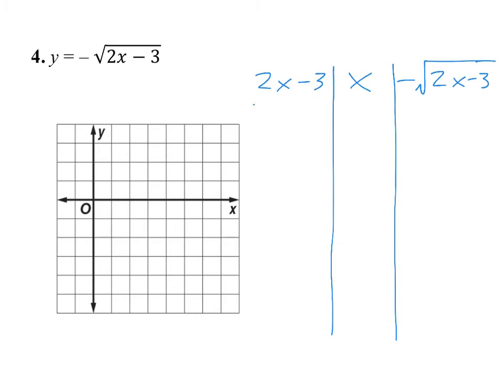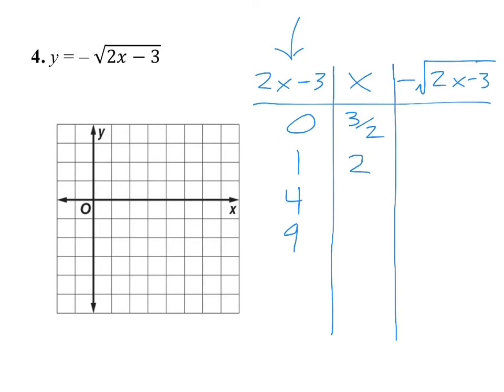So the radicand will be a number like 0, 1, 4, 9. I'll add more if I need to later. So then you're going to add 3 and divide by 2. This would be 3 over 2. So you're doing the opposite of what you see here. Add 3 and divide by 2.